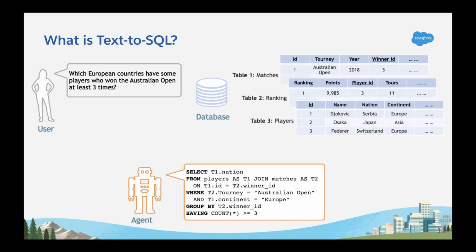And third is the agent, which generates the SQL for these queries. The agent could be human or could be AI. And then the system will execute this generated SQL and output the structured results to the user.